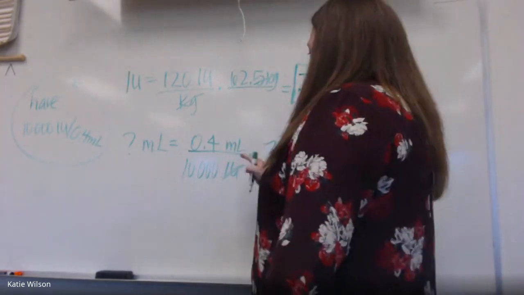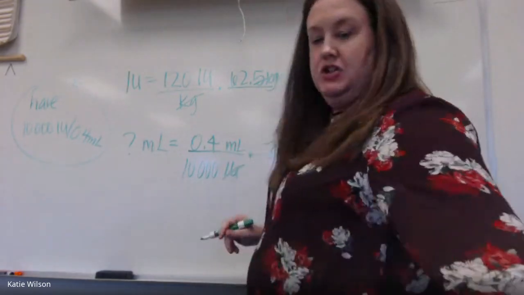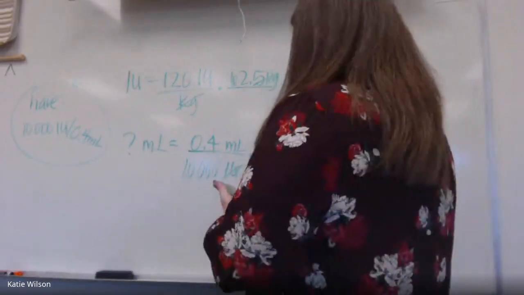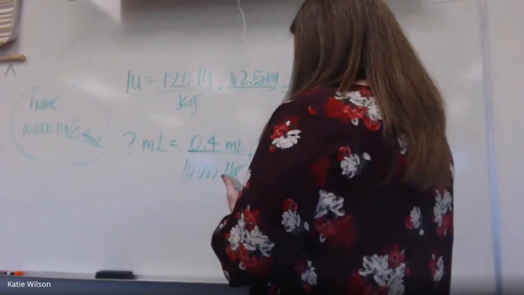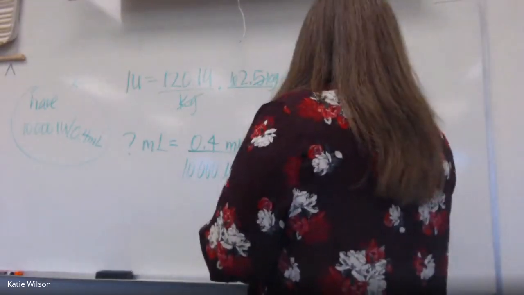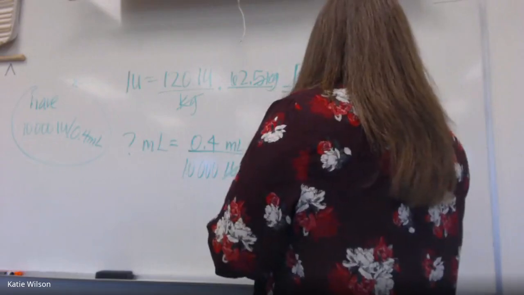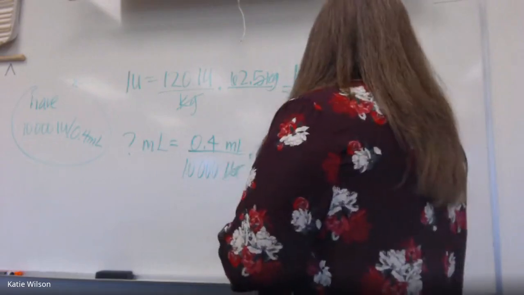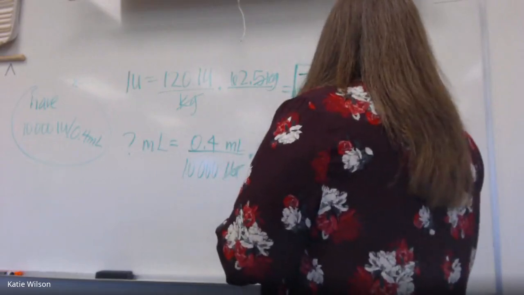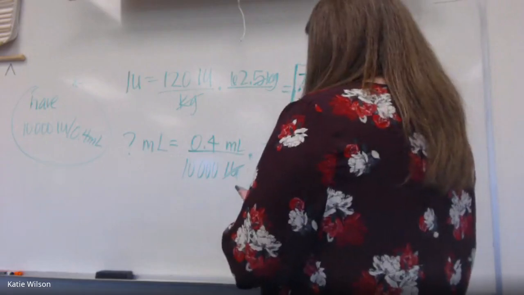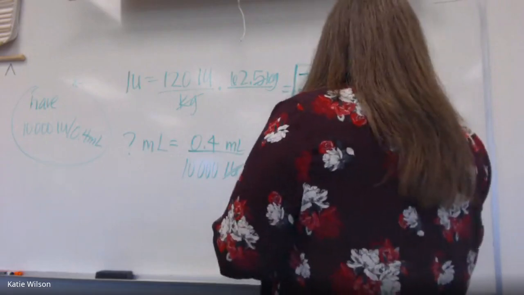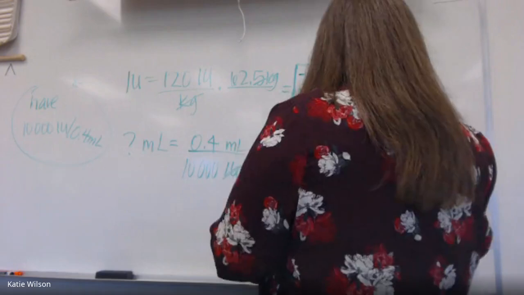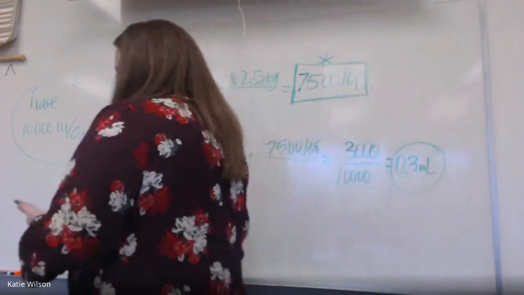So 0.4 times 7,500 is 3,000, divided by 10,000. Point three.